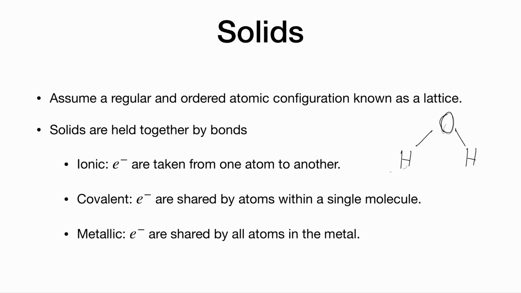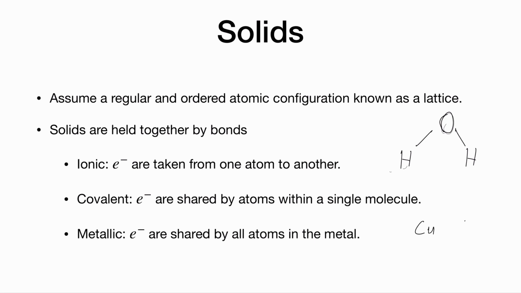However, metallic bonding is quite impressive in that electrons are shared by all the atoms in the metal. Typically this is when you have a pure metal. For instance, copper.